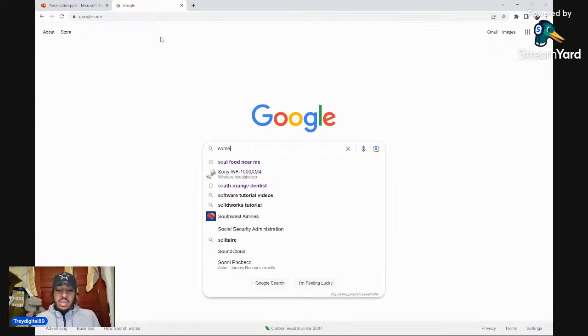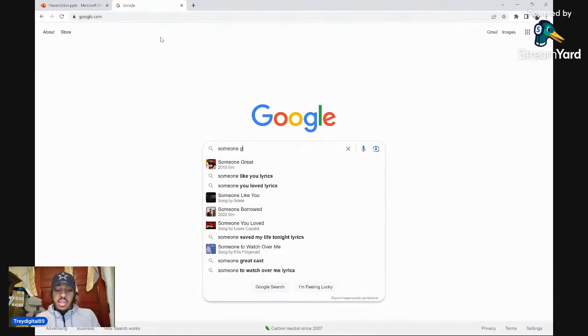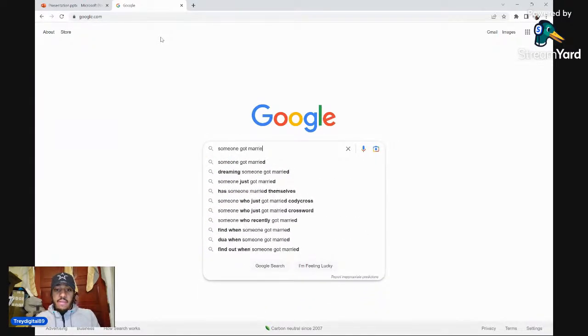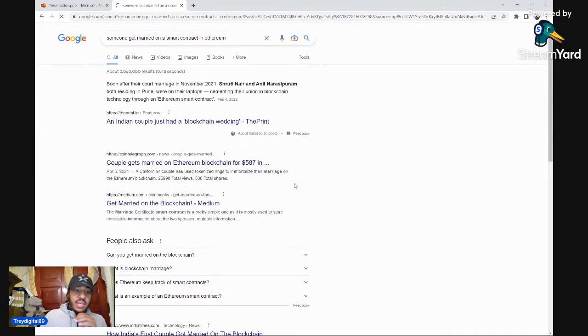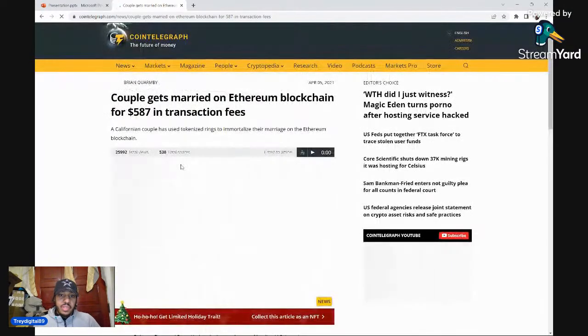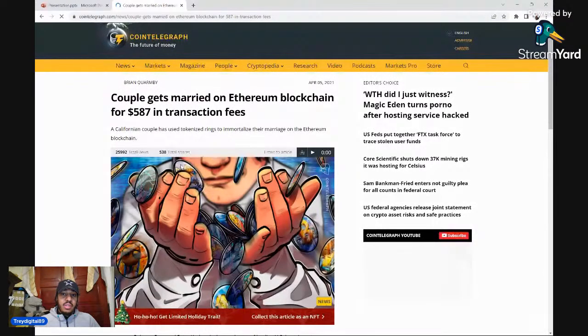Let me see. Someone got married on a smart contract in Ethereum. So it was an article I was reading, and let me see. No, that's not it.